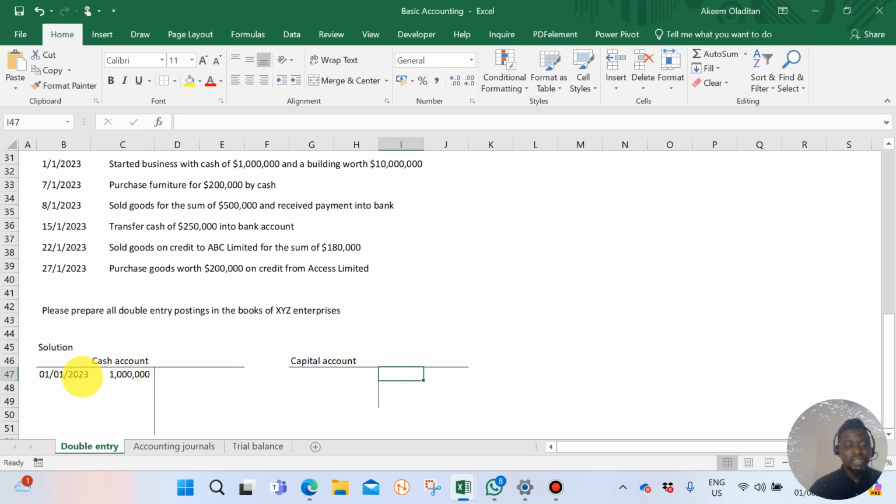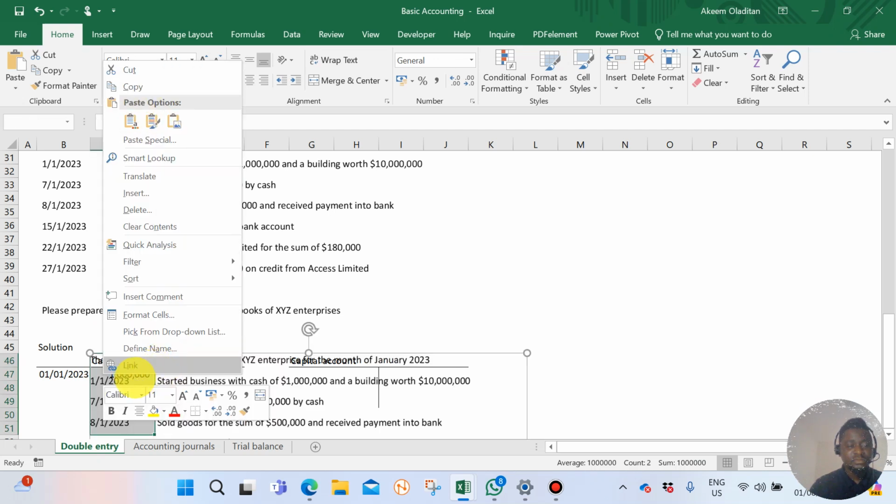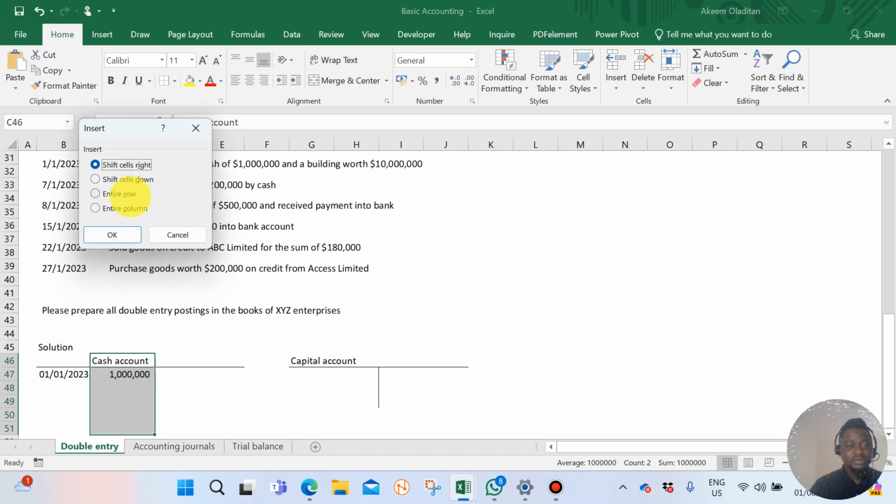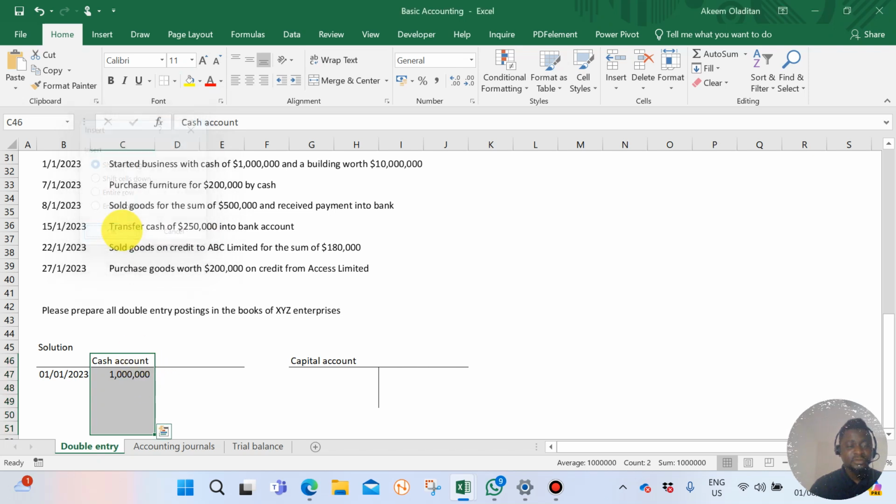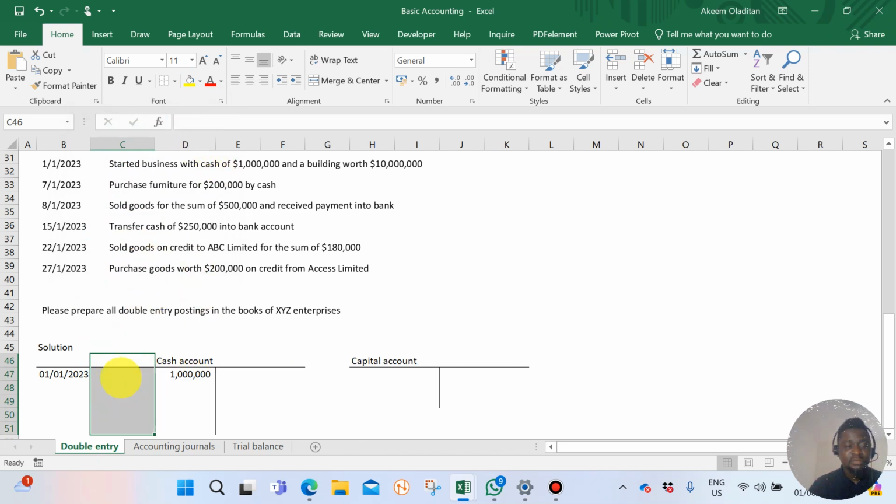So let me add something here. Here we have what we call capital, because capital was brought into the business.